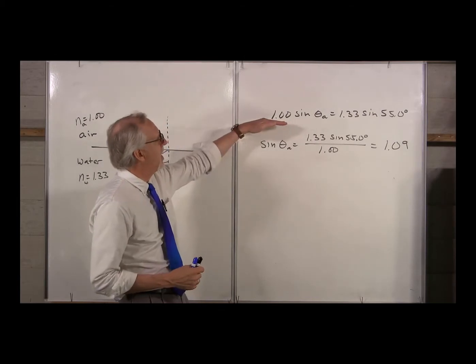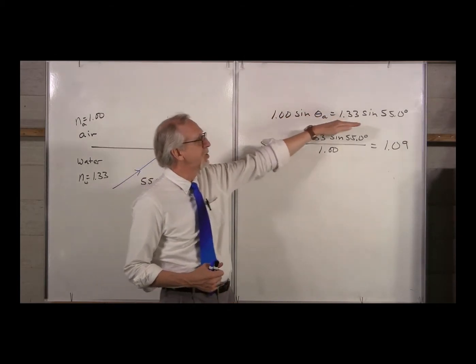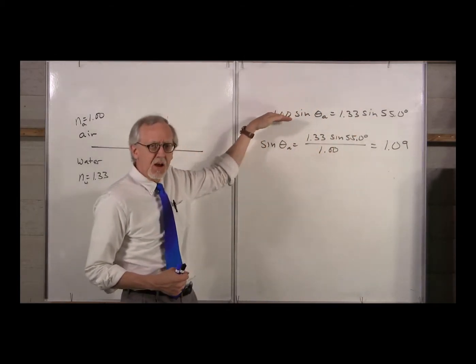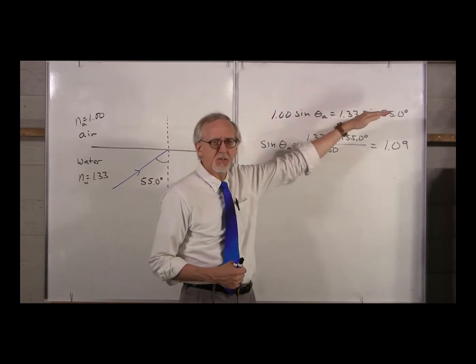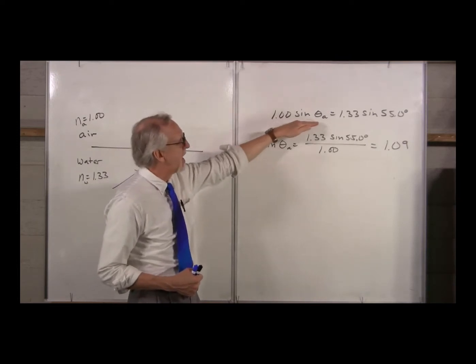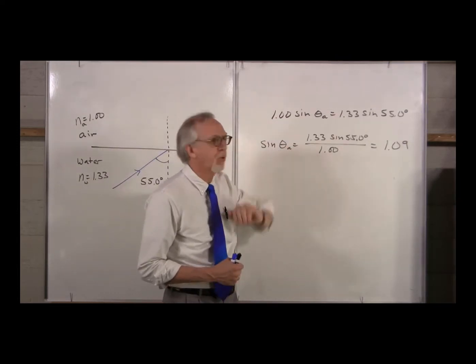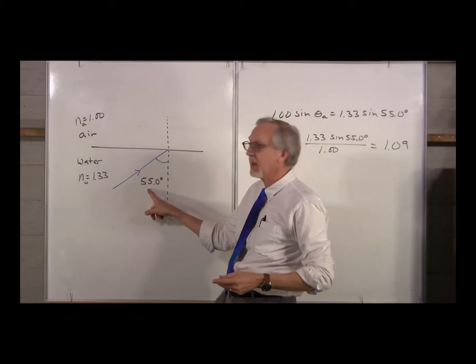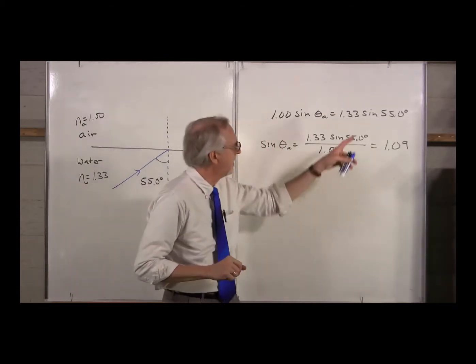What do we have? We've got n1 sine theta 1 equals n2 sine theta 2, or n air sine theta air equals n water sine theta water. We've got 1.00 times sine theta air equals 1.33 times sine theta water, which is 55 degrees.